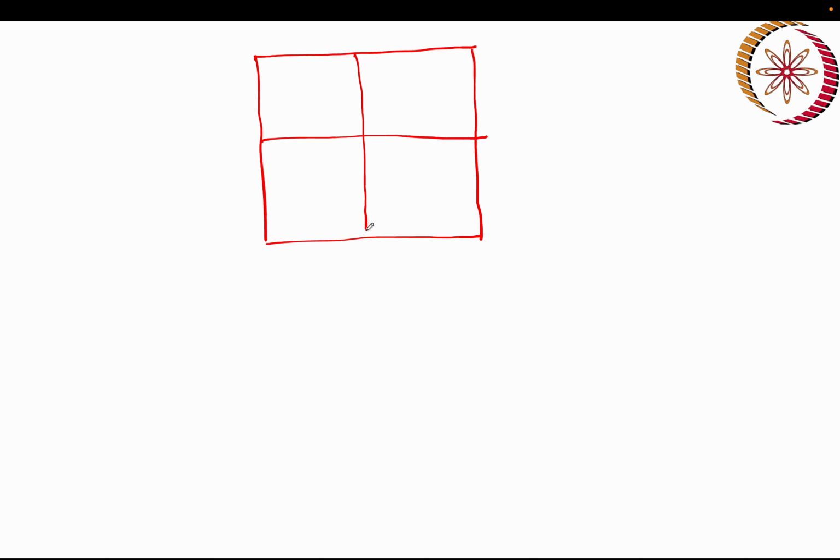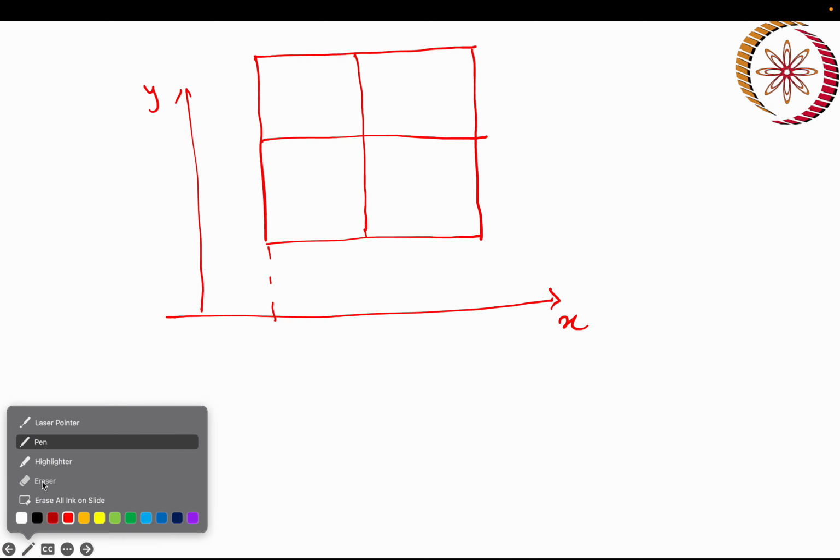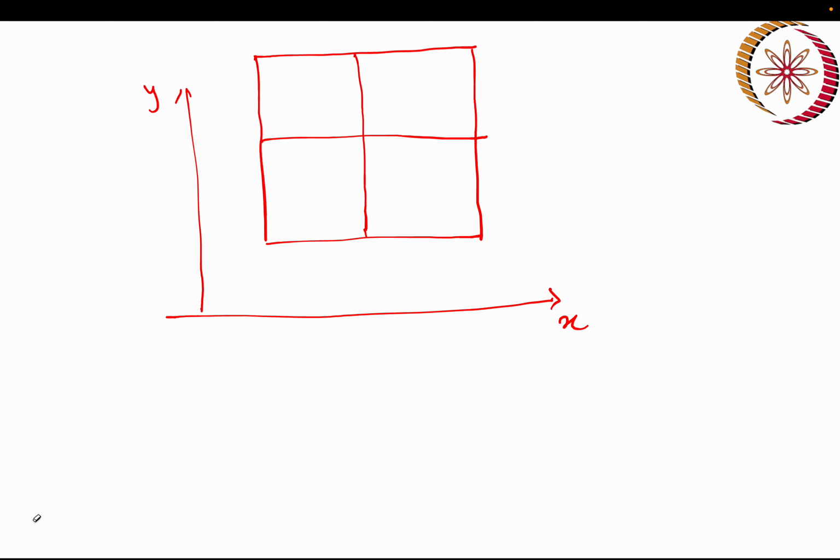Okay, so let's say this is the x-axis and this is the y-axis. I'll write this. Let's say this coordinate is 1, 1.